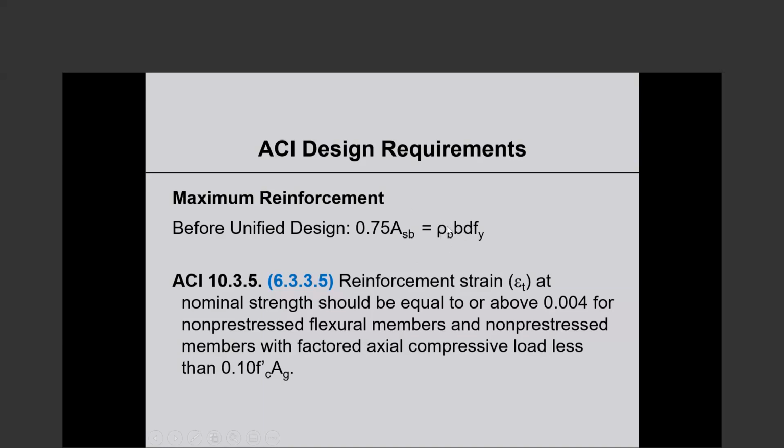Rho is the tension reinforcement ratio. Okay, so 75% of rho balanced is the maximum we could put in.